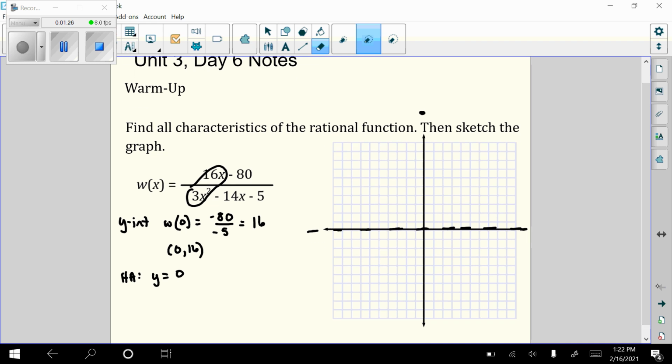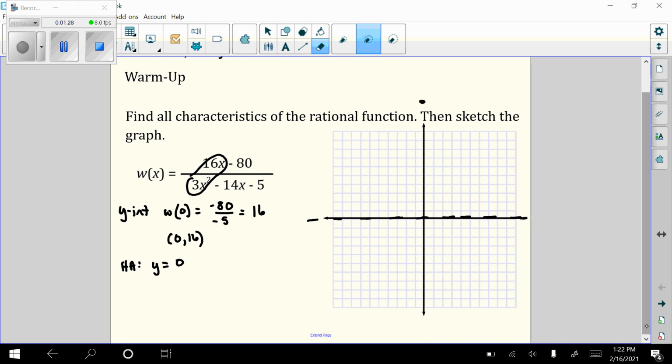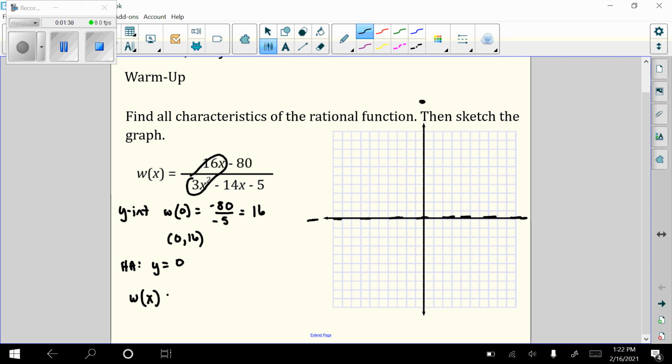Before I can do anything else, I'm going to have to factor. So the numerator, I believe I can factor out a 16. So w of x is equal to 16 times x minus 5. My denominator should be fairly easy to factor in my head because 3 is a prime number and so is 5.